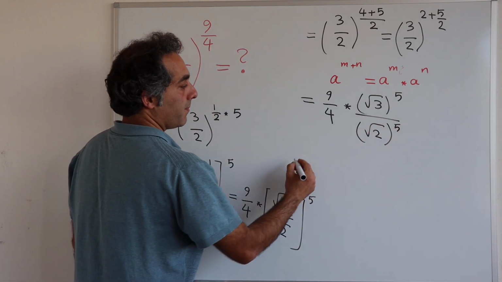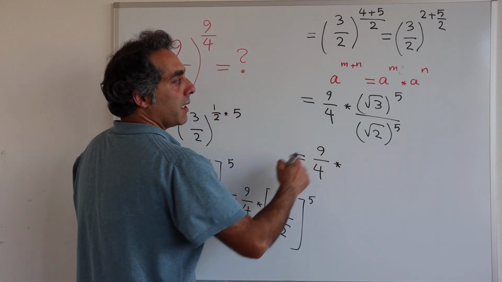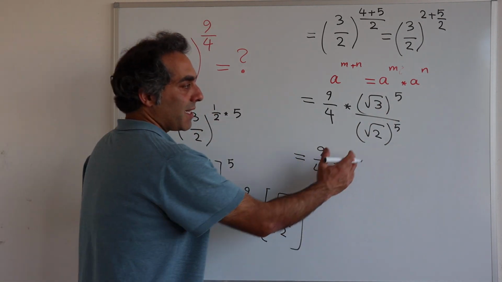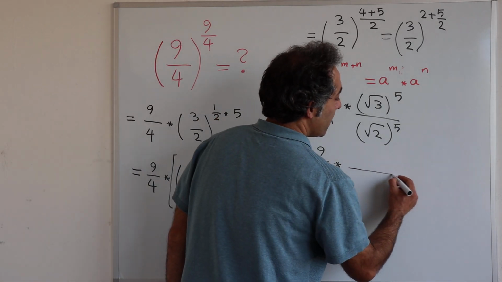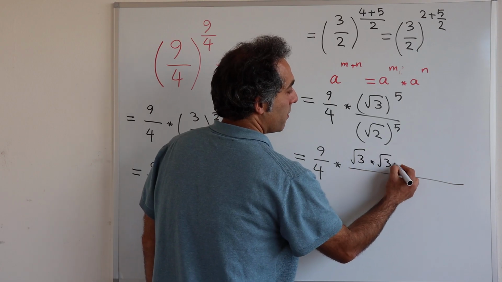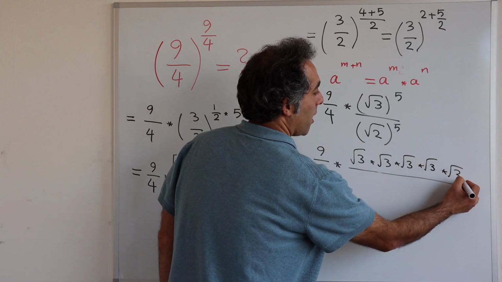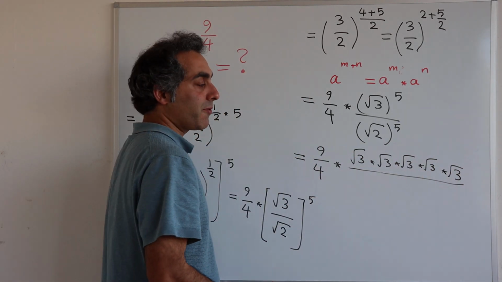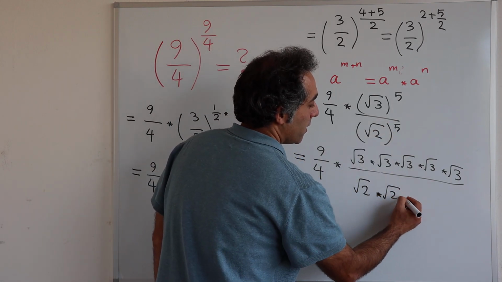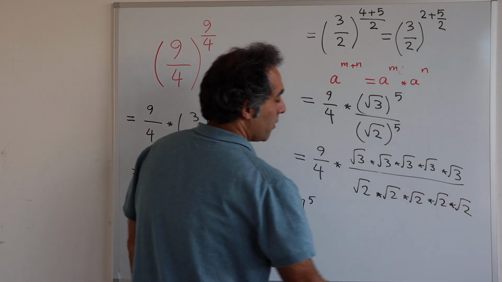I can write it as 9/4 times, this means 5 times square root of 3, exactly for this. I write it and expand it here: times, times, times, times, and times. 5 times square root of 3, and exactly for here, 5 times square root of 2.